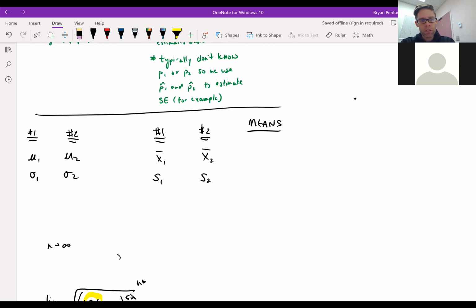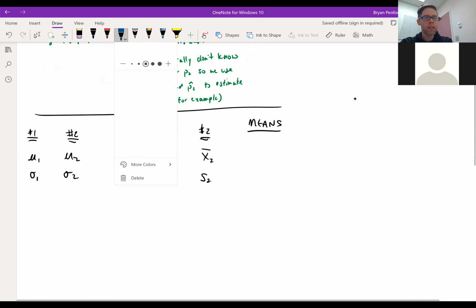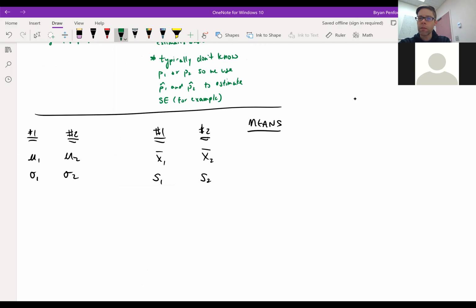And because we don't typically know the target sigmas, we don't typically know these standard deviations, the S1 and S2 become our best estimate. And we can do this at the expense of using the t-distribution rather than a standard normal distribution.